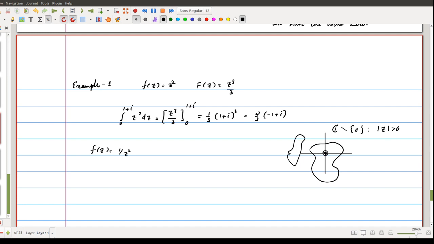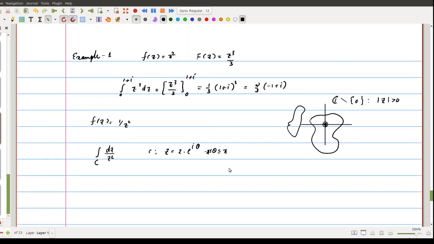So if you consider this function, and if you take the integral of this function over any c, dz by z square, here c is defined as z equal to 2 times e to the power i theta, where theta lies from minus pi to pi.